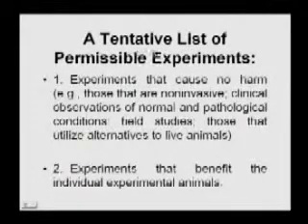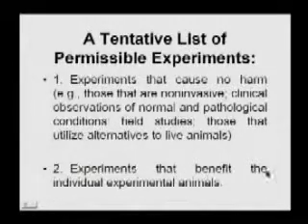So here is a tentative list of permissible experiments. Experiments that cause no harm, those that are non-invasive clinical observations of normal and pathological conditions, field studies, and those that utilize alternatives to live animals. This information that we're covering now, much of it at least, you will see showing up very directly and discreetly in the proposal format for the IACUC.